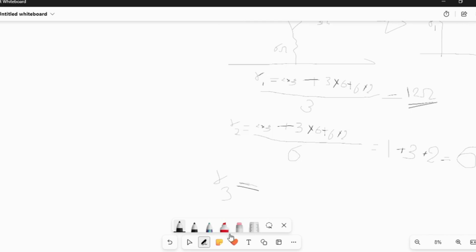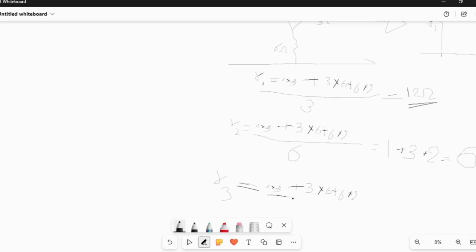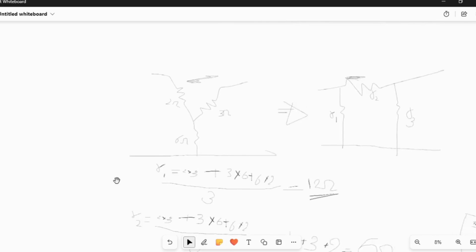And then we must take the product sum again and divide it by R3. For finding R3, look at this side.